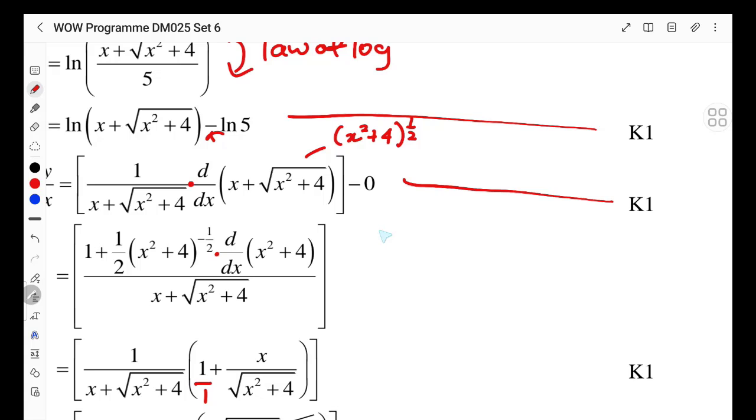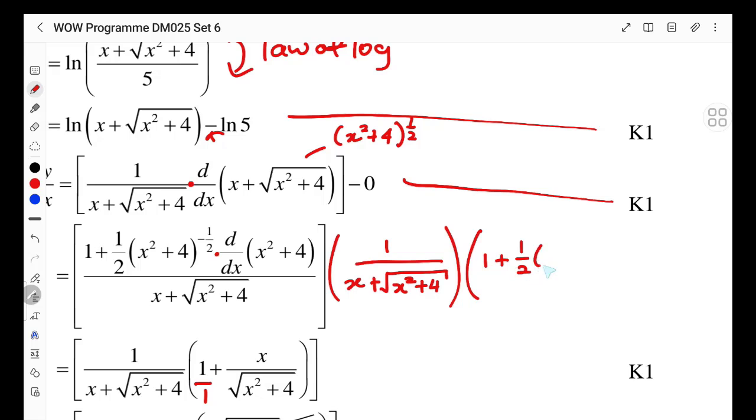So on the numerator, if I factor out this fraction here, 1 over x plus square root of x squared plus 4, to make things easier, and then multiply with, this one is 1 plus 1 over 2 x squared plus 4 power of negative 1 over 2 times differentiate x squared plus 4, you get 2x, this one is 0.